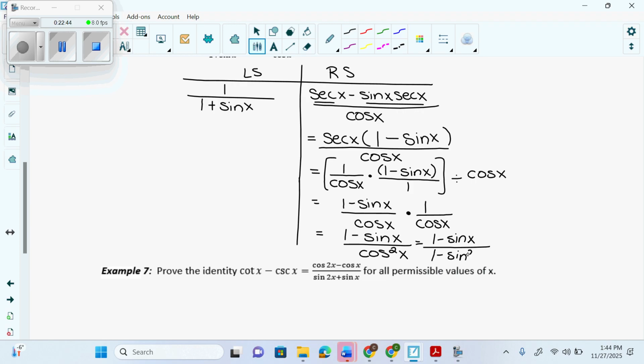What is 1 minus sine squared x the same as? The difference of squares, what's it the same as? 1 minus sine x, 1 plus sine x. So this stays the same, and this turns to 1 minus sine x, 1 plus sine x. These cancel, and I'm left with 1 over 1 plus sine x. LS equals RS.